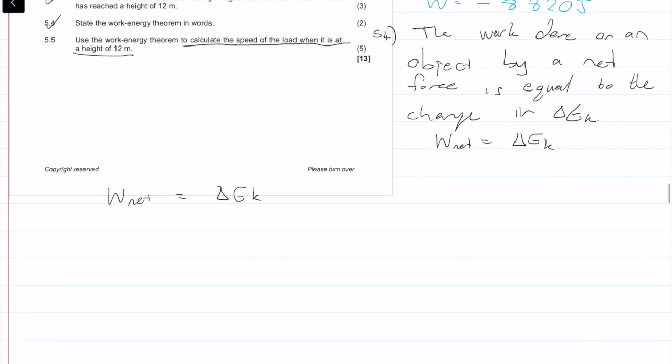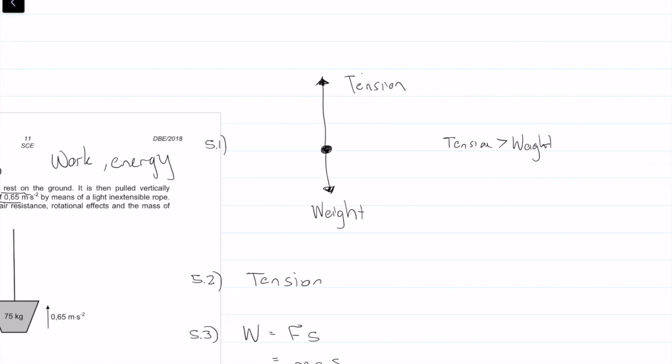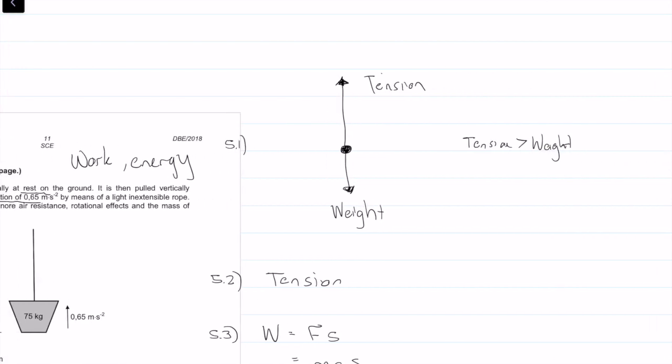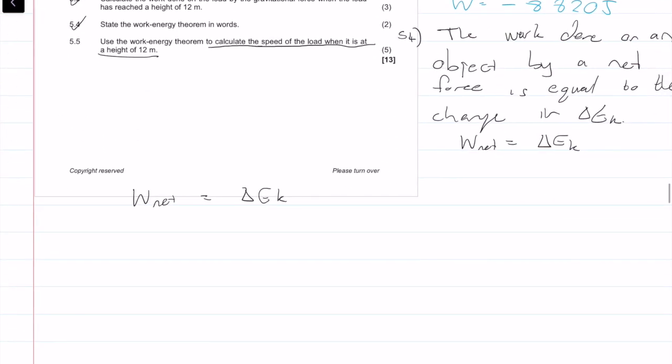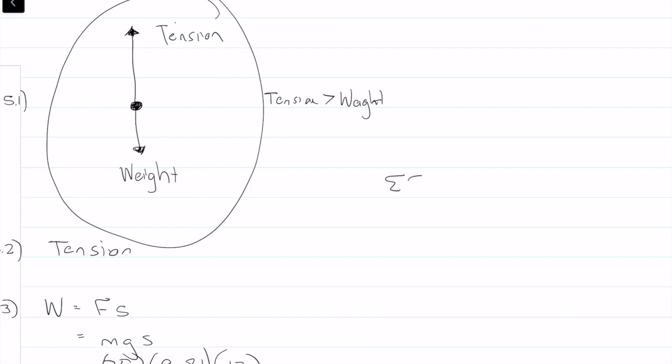Basically what we need to do is a Newton's second law analysis of this free body diagram. Using Newton's second law, we can say that the sum of the forces in the upwards direction is equal to the mass times the acceleration. So tension minus weight is equal to mass times acceleration.